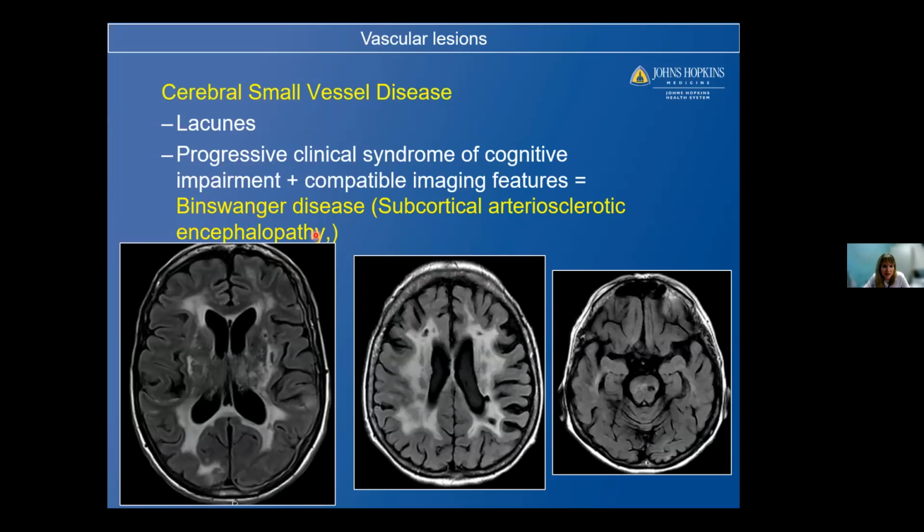It describes an exclusively white matter vascular dementia, which refers to this progressive clinical syndrome of cognitive impairment and compatible imaging features seen over here, meaning relatively symmetric and diffuse bilateral deep periventricular white matter lesions and multiple small chronic infarcts in the basal ganglia, thalami, and pons. So this is your typical Binswanger disease. So usually those patients have vascular dementia.